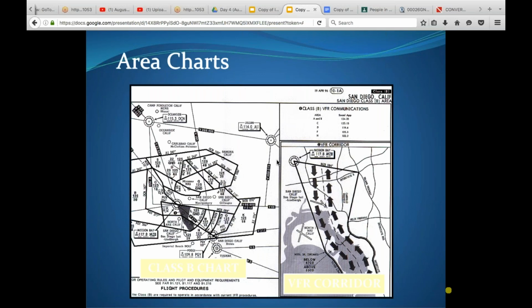I mean, there's hundreds of different maps, and some of them we absolutely never use, like these area charts, right? I don't think I ever use these. I've never pulled one up. But this just gives you ideas of how to approach certain airspaces, what some of the certain restrictions are in that airspace. It's just way too down to the nitty gritty that we just don't even care as dispatchers, really.